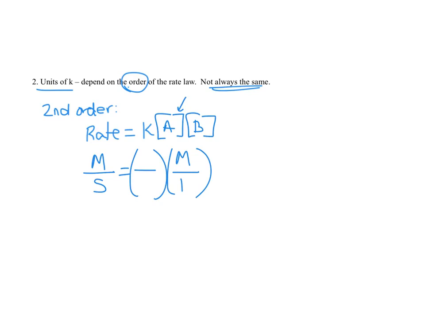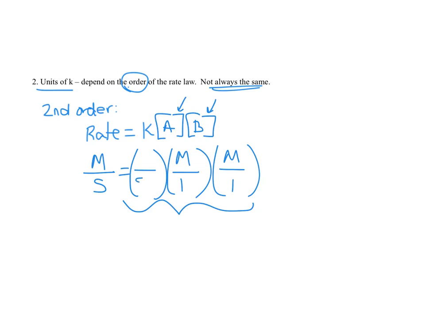So molarity over 1. For B, those have units of molarity as well. So I need all of my units over here on the right side to multiply together to equal my units on the left side. So basically, I've got seconds over here on the bottom.